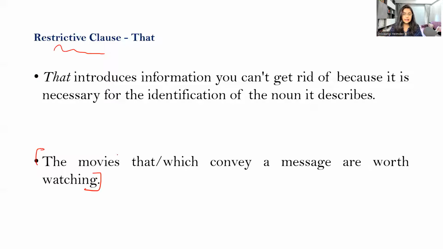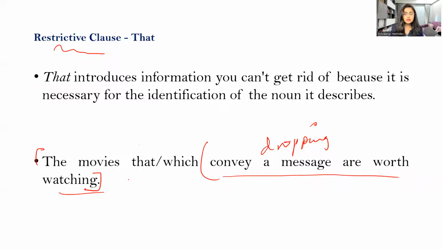Say, for example, if I drop this information, the words that follow that, and I'm left with just "convey a message are worth watching", what will happen? The entire sentence will collapse. I do not have a sentence that exists because I've dropped the essential information of the sentence.